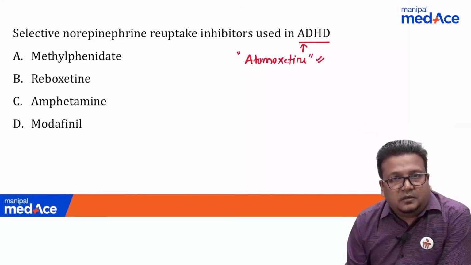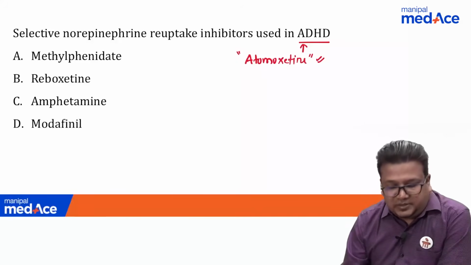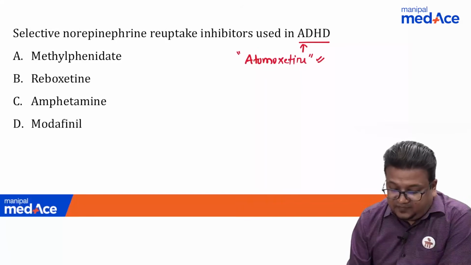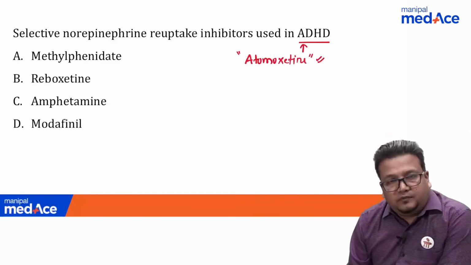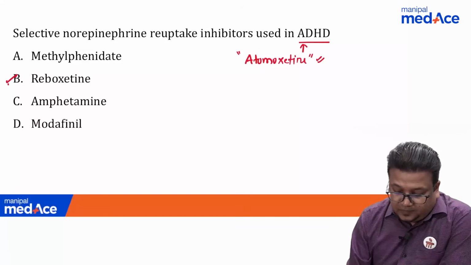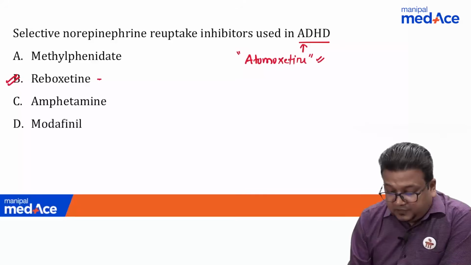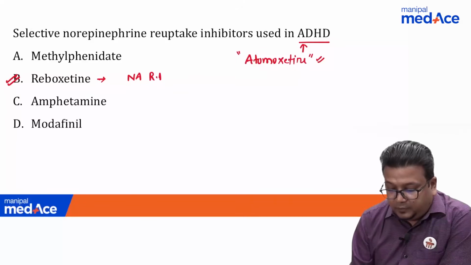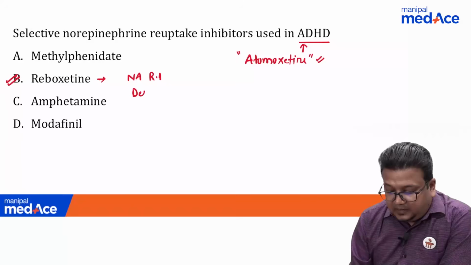If atomoxetine was not given, as some other students are saying, then we have methylphenidate, reboxetine, amphetamine and modafinil. Out of these, it is the reboxetine which is a norepinephrine or NA reuptake inhibitor, number 1 point. It is mainly a drug used for depression, but off-label the drug has been used for ADHD.